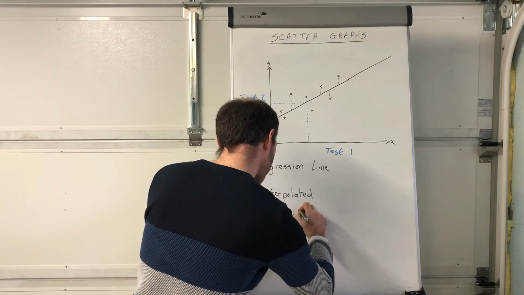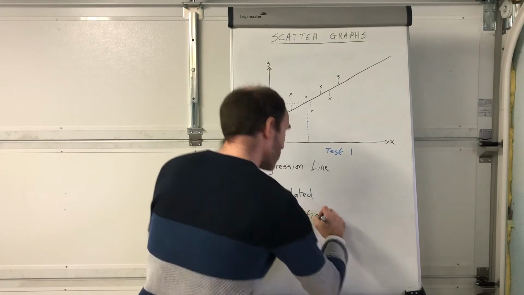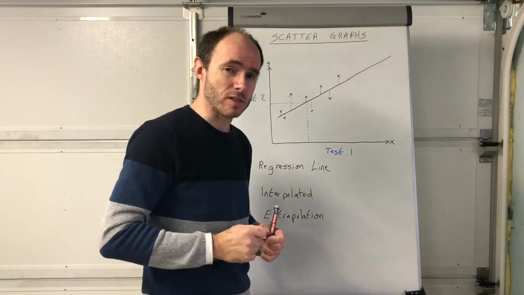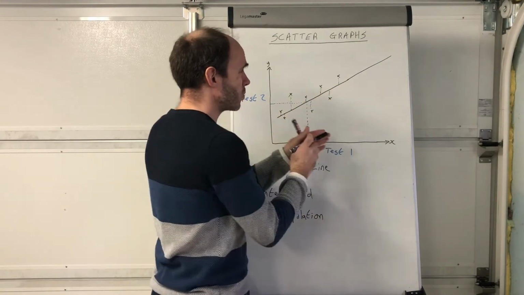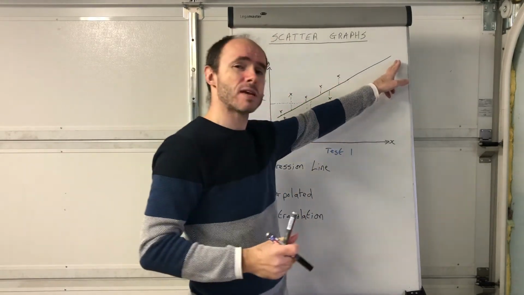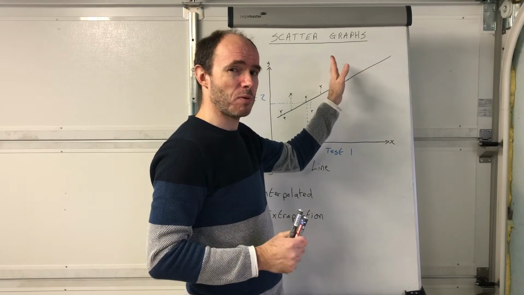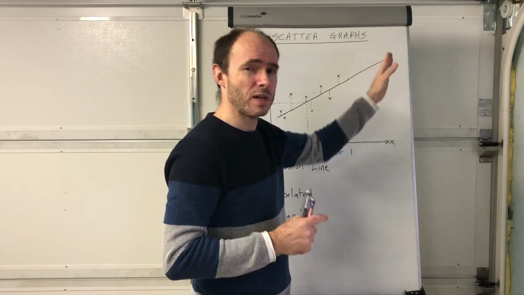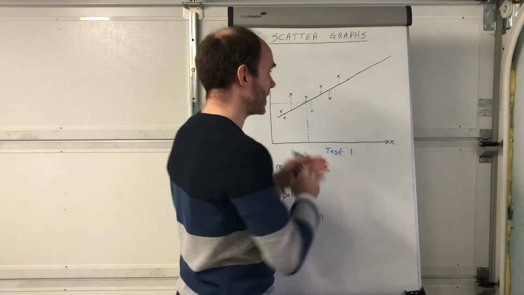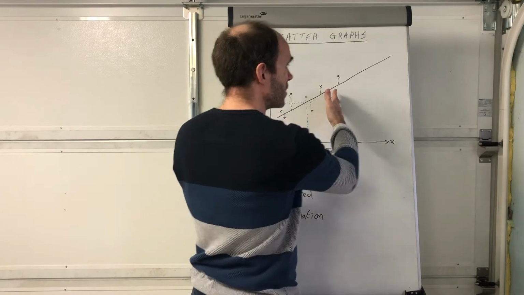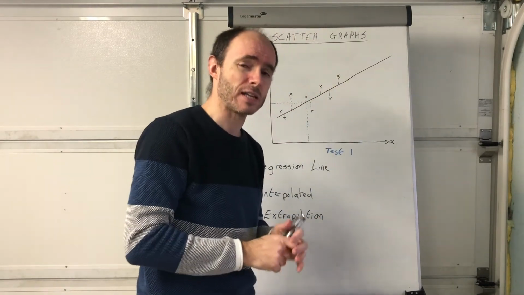And extrapolation is not as accurate, because we don't know what the trend is necessarily going to be beyond this data point. It will be complete guesswork. So the advice is try and interpolate as much as possible rather than extrapolate, because it goes beyond the data values.